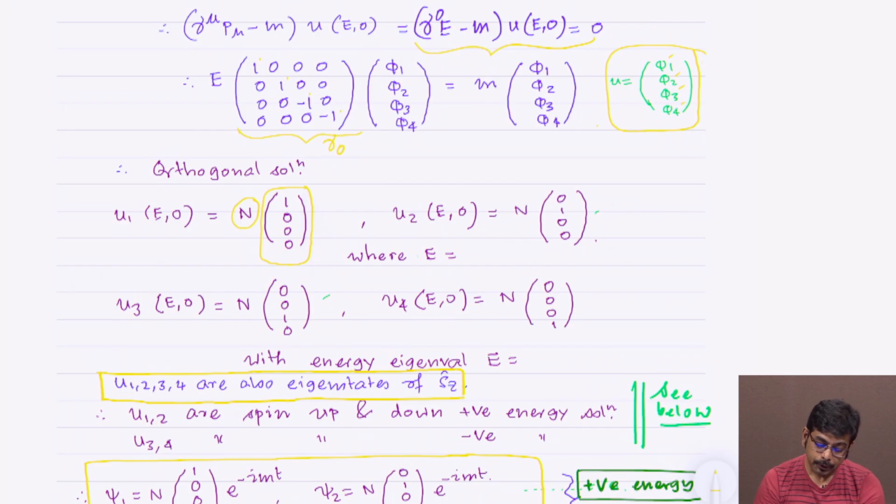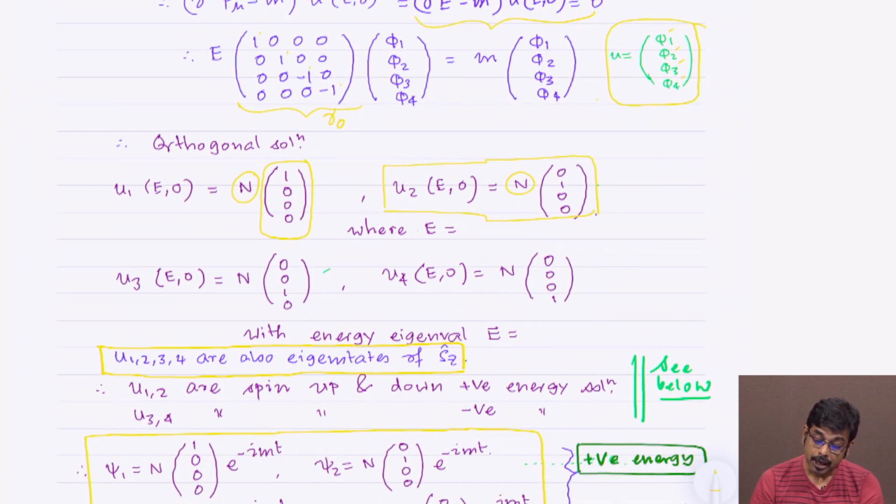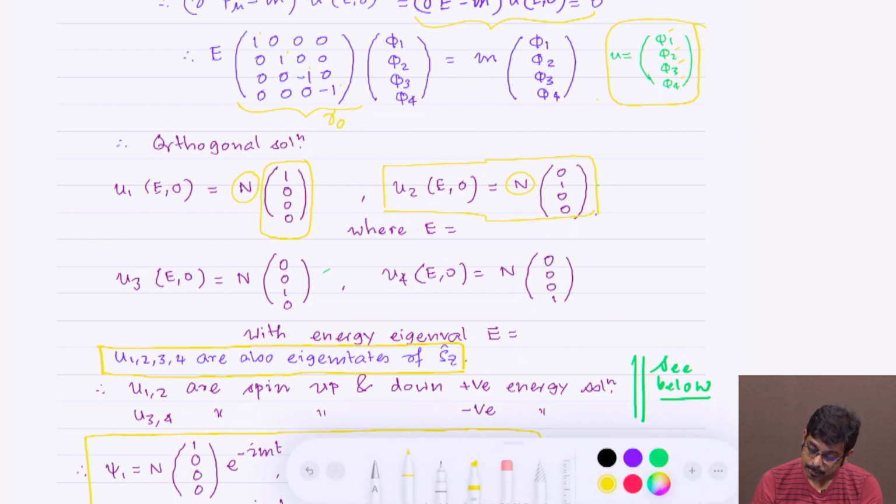Similarly, you can see that I can also choose the non-zero 1 at any of these spinorial places. So, u 2 e 0 can be chosen as 0 1 0 0 with that unknown normalization constant, which I am not going to bother about. Now, if I choose these solutions, what will be the solution for E? Can anybody tell me?